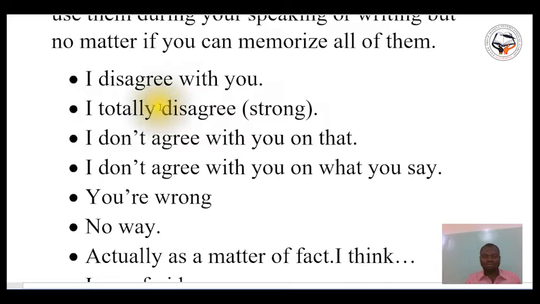When you are discussing with someone and you tell him I totally disagree, it is automatic. You don't need to reflect before giving your answer. That is why I put strong between parentheses, to say that the expression is too tough.